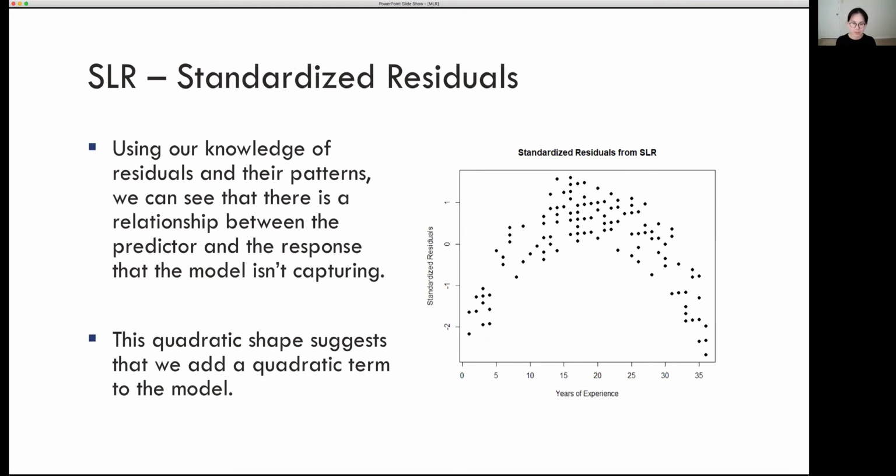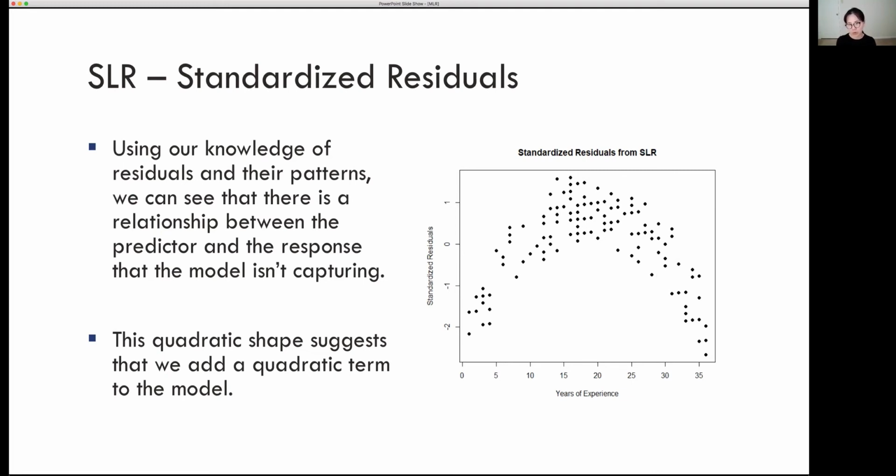And if we look at the residuals from the simple linear regression, it has clearly a big pattern here, right? It's a curve. So this quadratic shape suggests that we should add a quadratic term to the model.